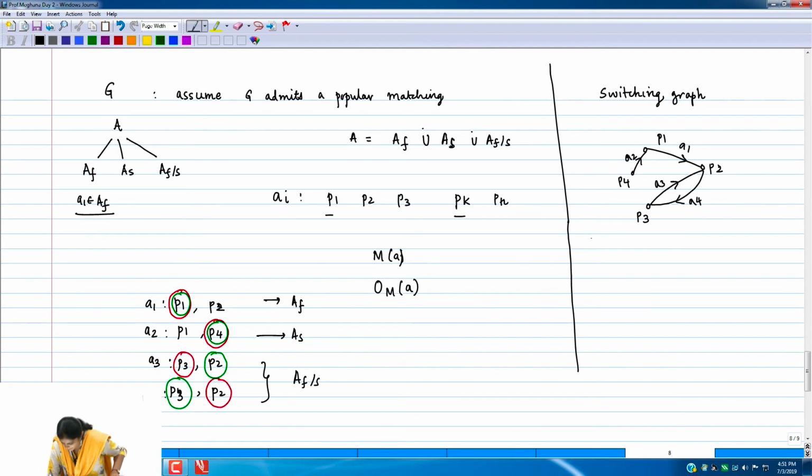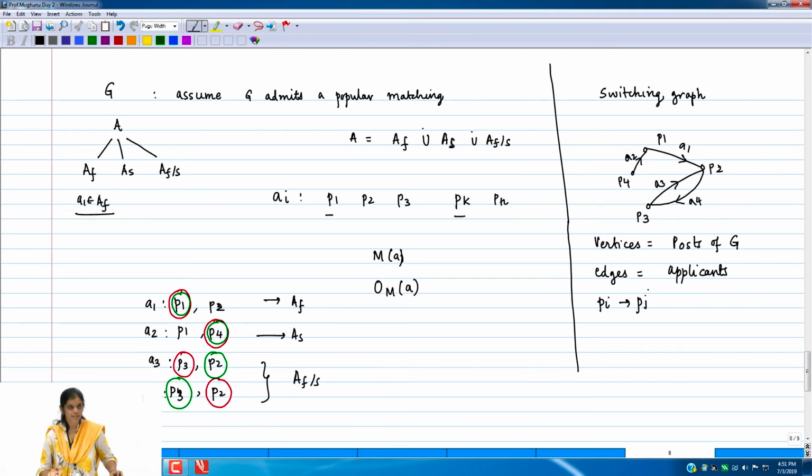So I'll repeat, vertices are equal to posts of G, edges are equal to applicants, and Pi to Pj is a directed edge from Pi to Pj if M of Ai is equal to Pi, that is Ai is matched to Pi, and OM of Ai is equal to Pj.